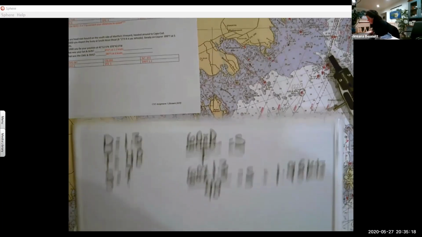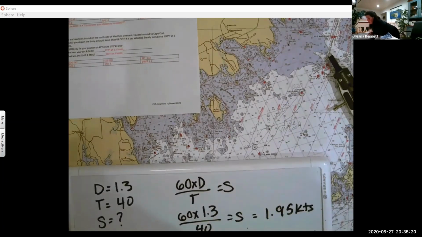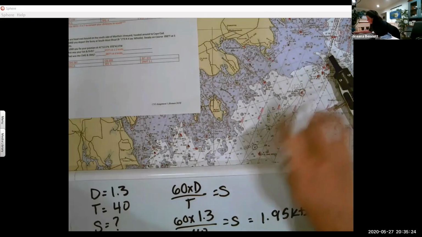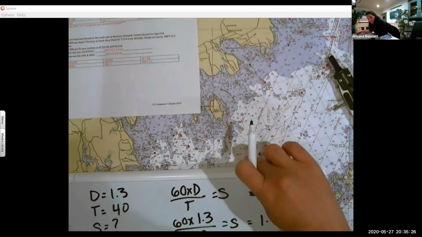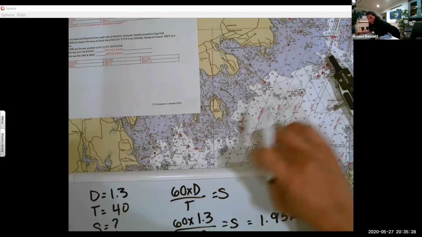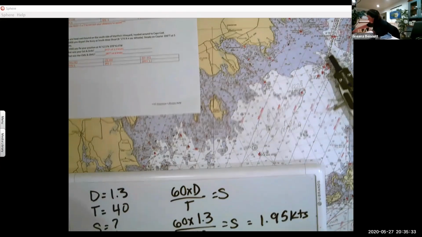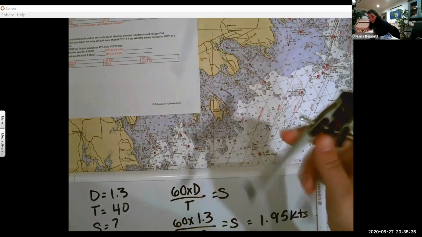Okay. So we got to do the same thing when we're looking for our speed made good. Our speed made good course is the same, 220, because it's a following current. But for speed, we have to measure it and then convert it.